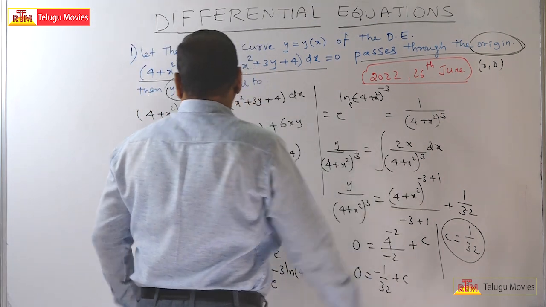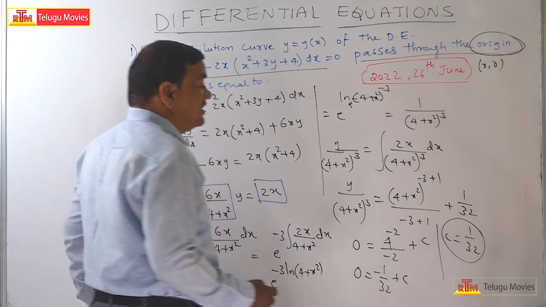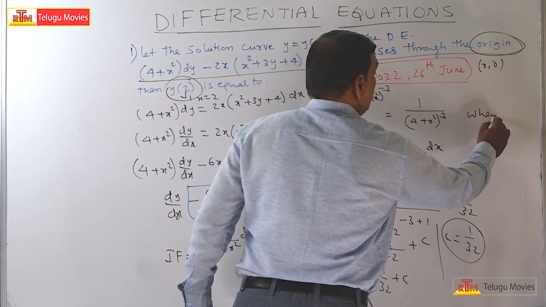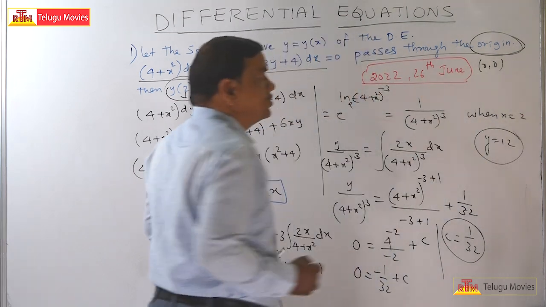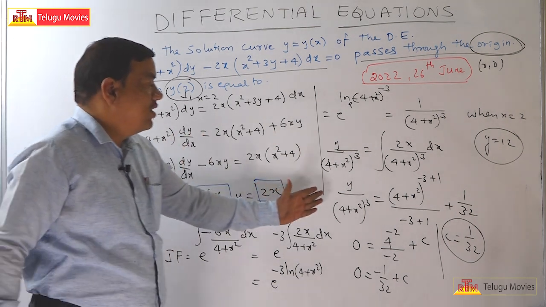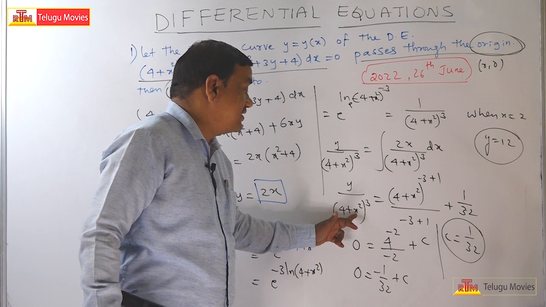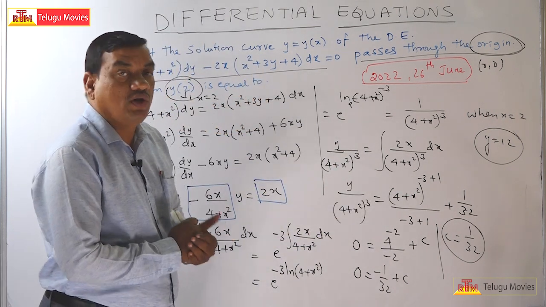Here also put x is equal to 2, wherever x is there, substitute. When x is equal to 2, you will get y is equal to 12. So 12 is your right answer.